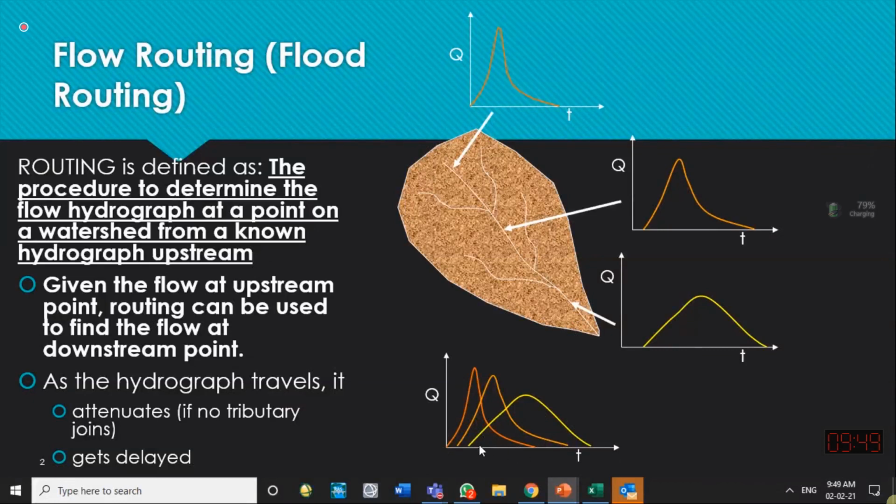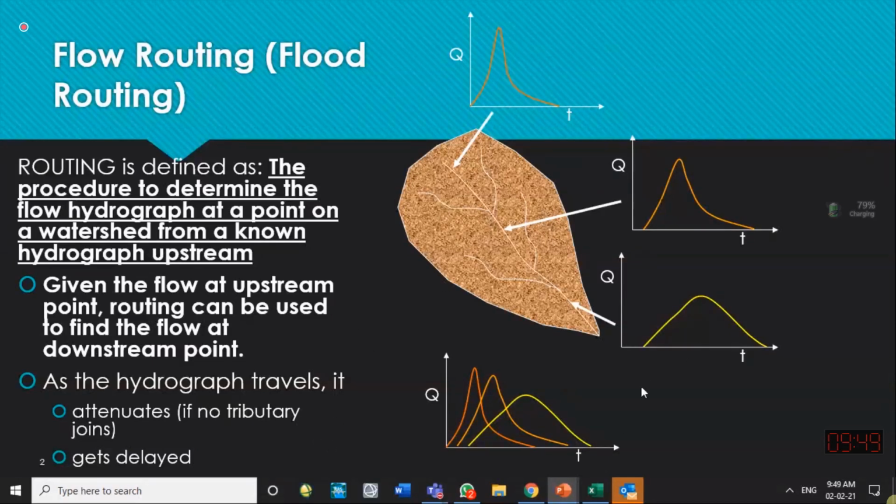So the base of the hydrograph has enlarged. Another thing you should note is that the volume within these hydrographs remains more or less the same, if there is no outtake and if we ignore seepage losses out of this channel. So the volume under the curve more or less remains the same.